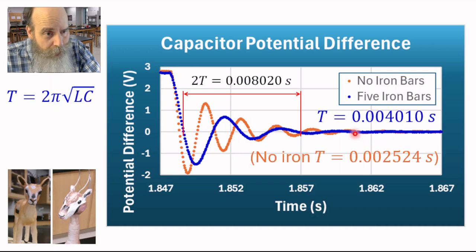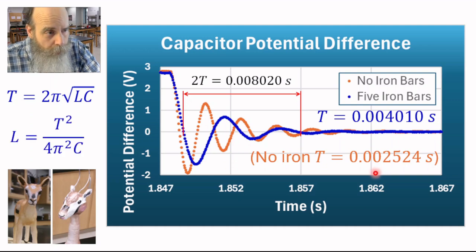Compare this where we had no iron bars in the solenoid: 0.002524 seconds. So we definitely increased the period when we added iron bars to the solenoid, and that increase in period came about because we increased the inductance.